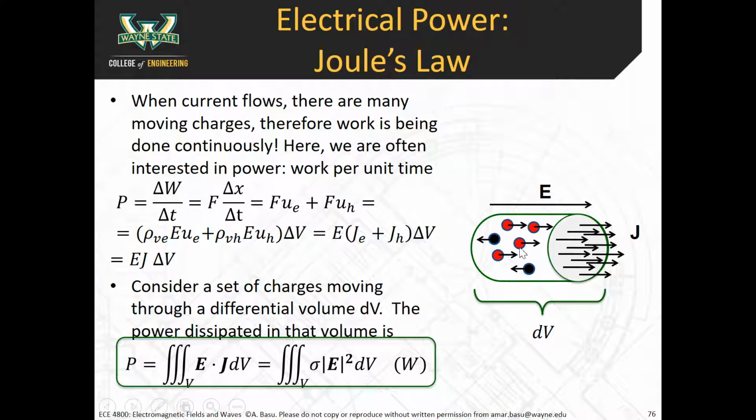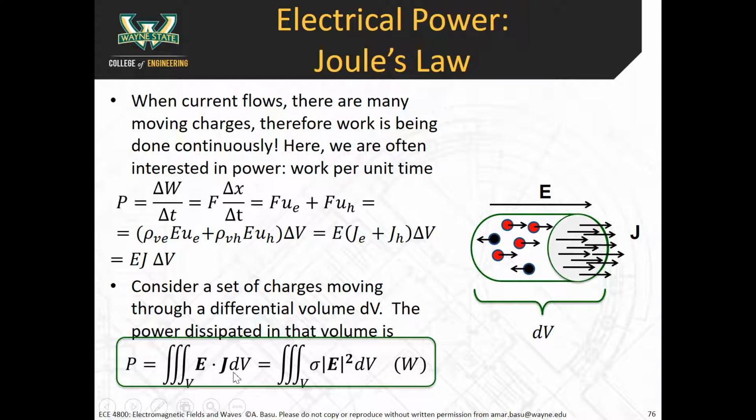The general formula for the power as an integral is the volume integral of E dot J. It derives directly from this, okay, but we're not going into all the details of how that's derived. This is the one to remember. The power is equal to the triple integral of E dot J dV. Remember that E dot J is a scalar quantity, right?